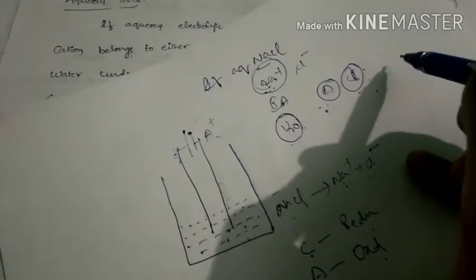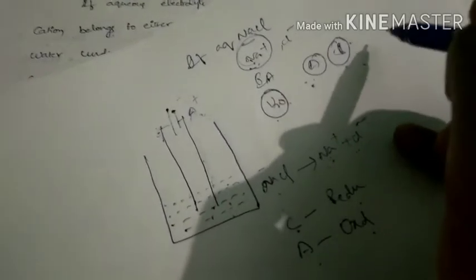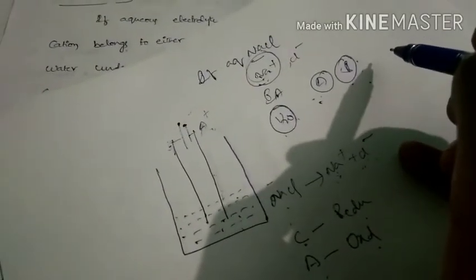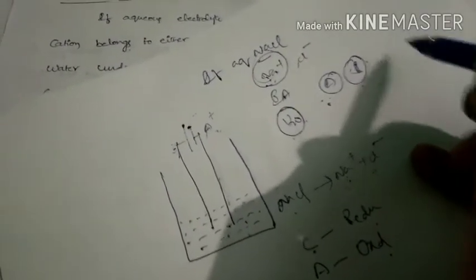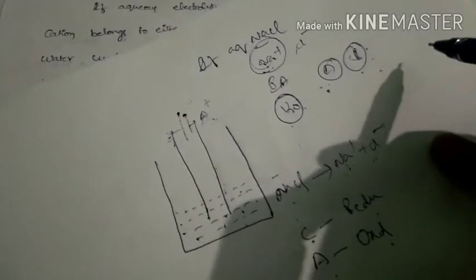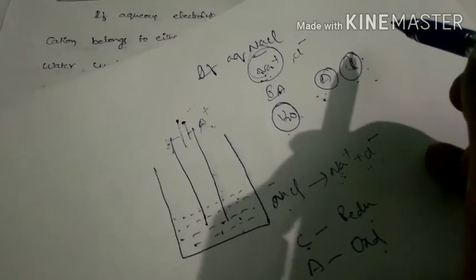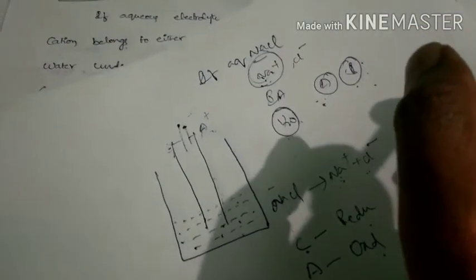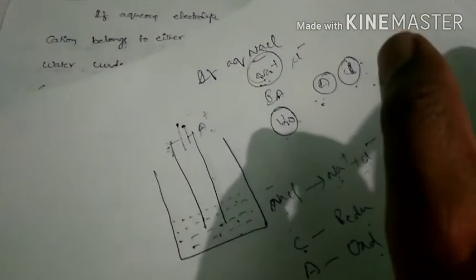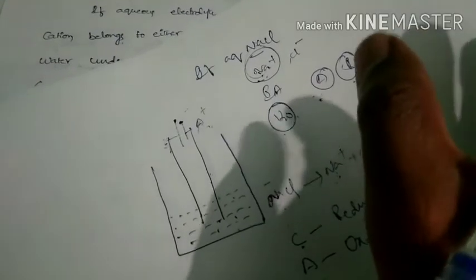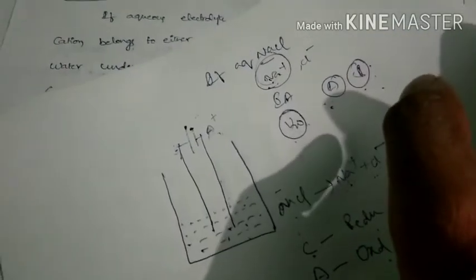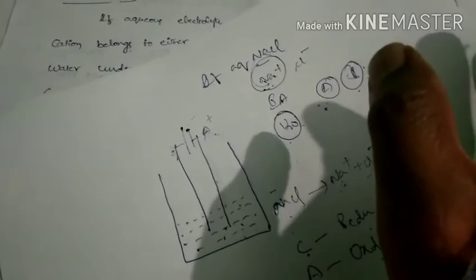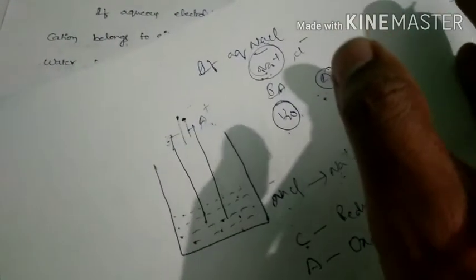If any ion has a more SOP value, it readily moves towards anode to undergo oxidation. Here you need not remember all the SRP and SOP values. You have to remember some values, not all of them. It is very difficult to remember all the values. I will tell you later which values you have to remember.